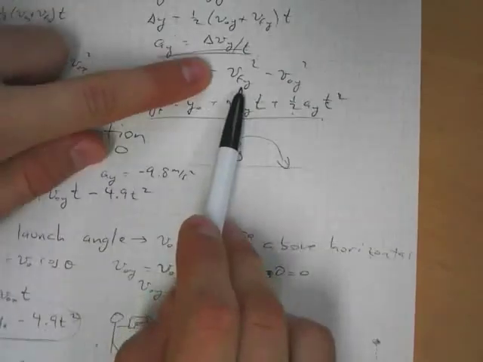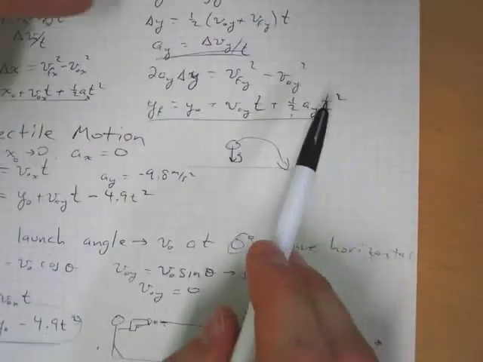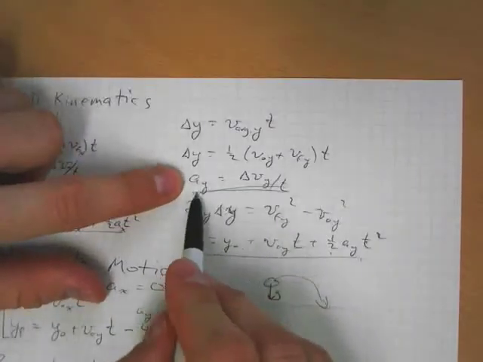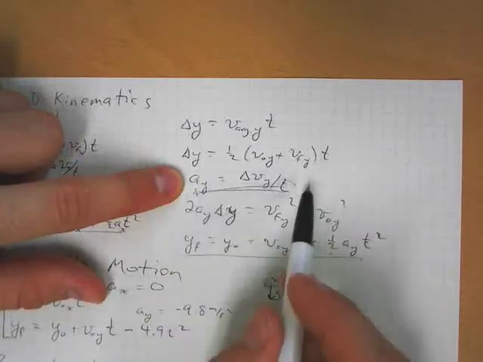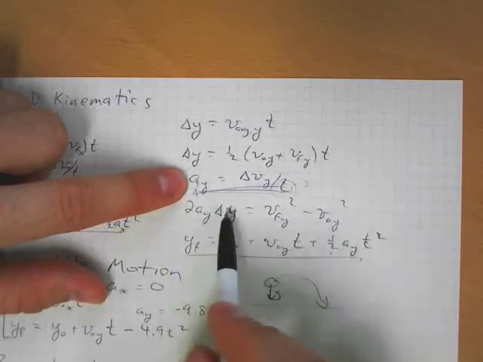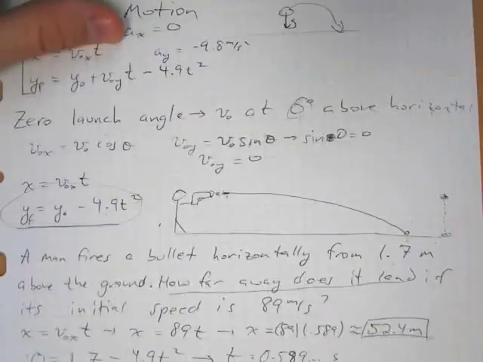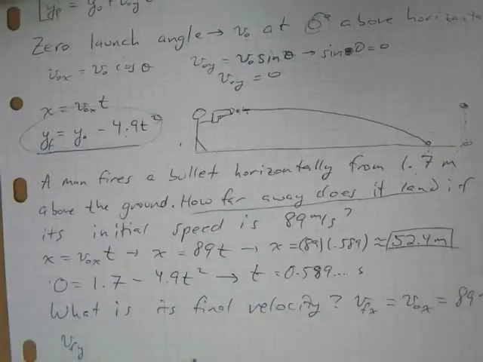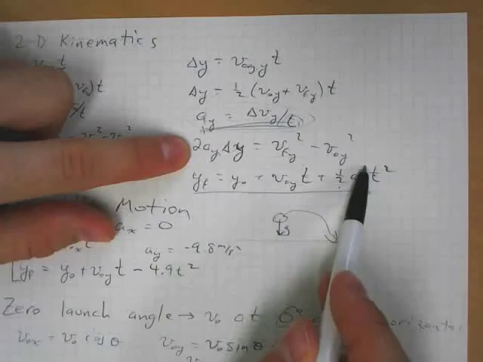This one we could also use because we have already solved for time. Since we've already solved for time, this is easier because we're just multiplying two things together. This would work too, just a little bit more that goes into it. If I first asked you what is its final velocity right as it hits the ground, then you would have to jump straight through this equation, or else you'd have to solve for time first. Just as with 1D kinematics, there are multiple different ways you can go. Sometimes one way is easier than another.